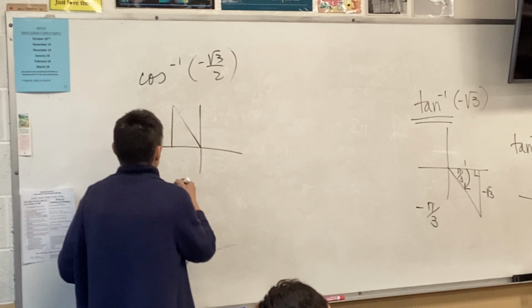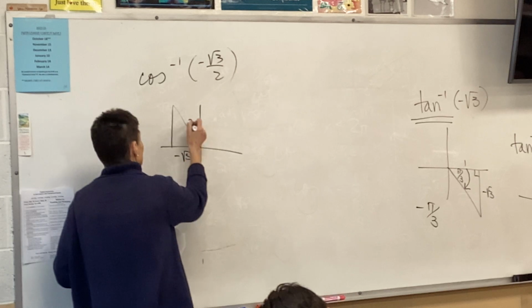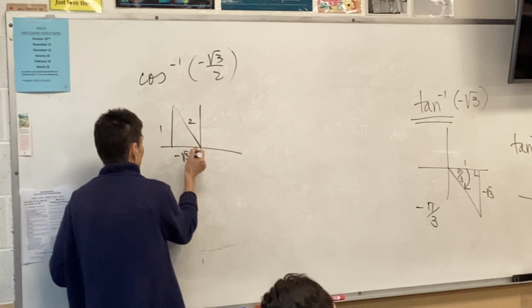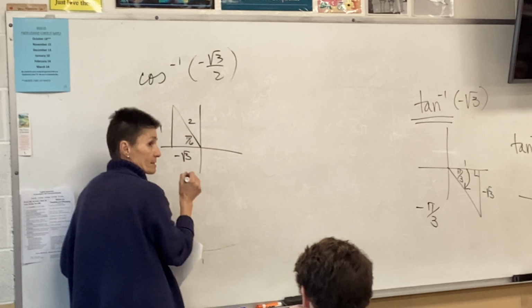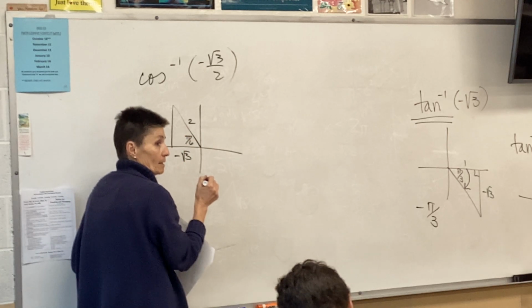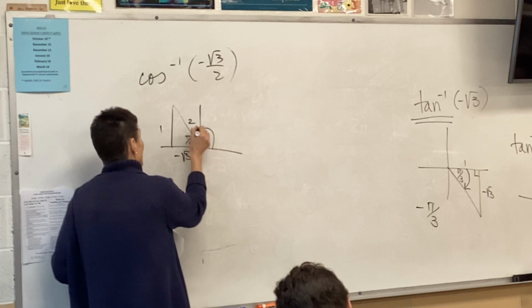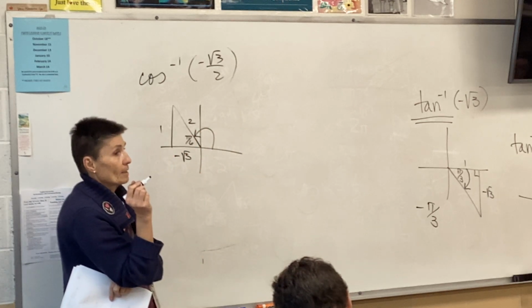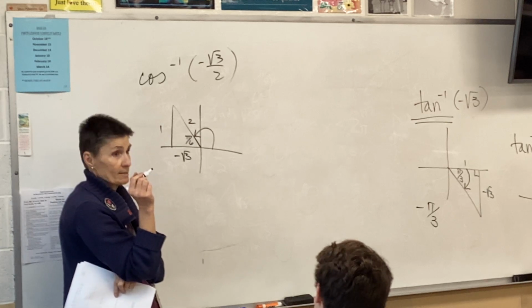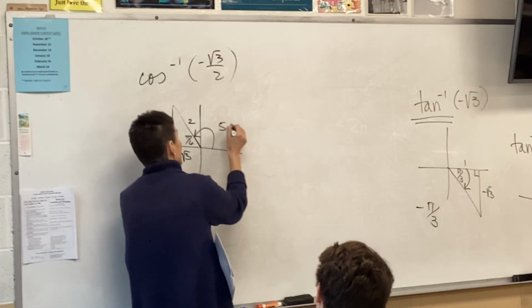So, cosine, root 3 over 2. How big's this guy? He's a 30, but we'll call that pi over 6. No, there's one answer, and the only answer is not pi over 6. 5 pi over 6. Very good.